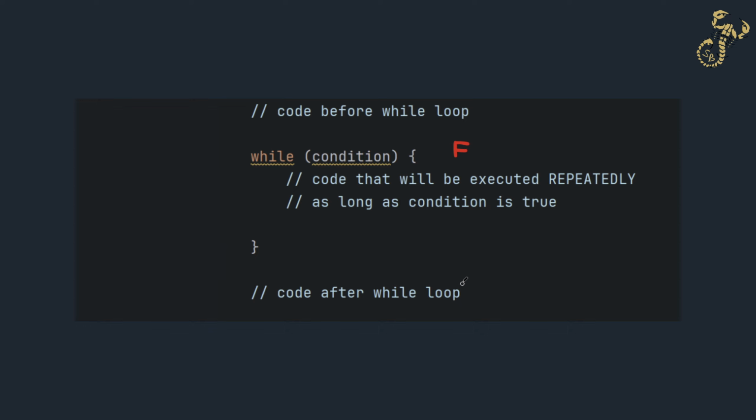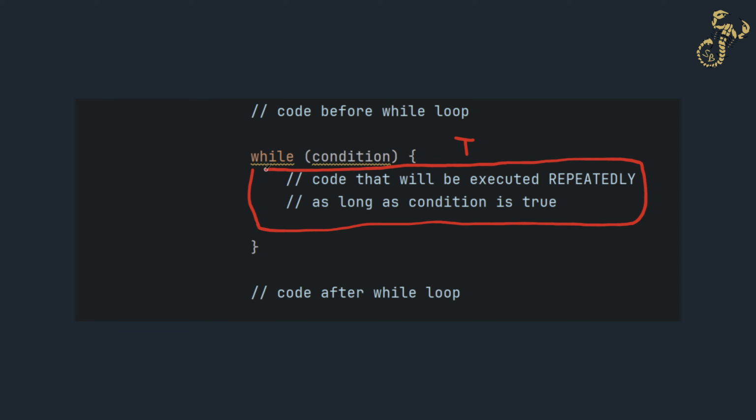Now, in case the condition is not false but true, we'll execute the entire code inside the while block. And once we reach the end of the while loop, we'll go back to the beginning.